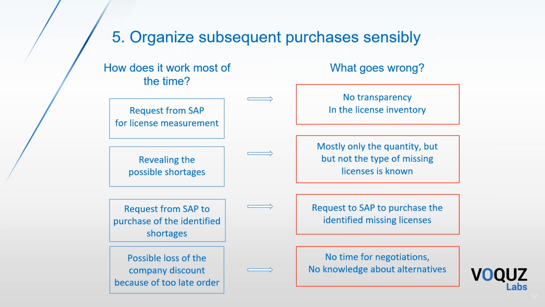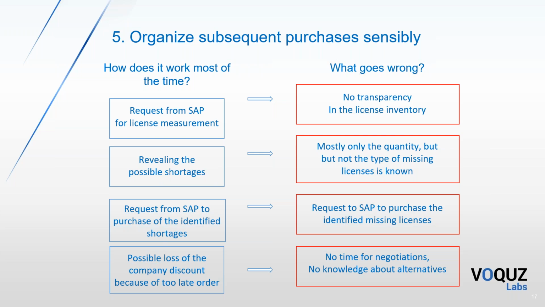the audit report. Once you have signed off the audit report, they send you the final audit report with the findings that they have, the things where you are in a surplus and the things where you're not compliant. And then this is promoted to the SAP sales department, and they will send you a mitigation proposal. Now, in this case, when we are talking about a non-compliant situation, SAP doesn't see themselves forced to give you your company discount.